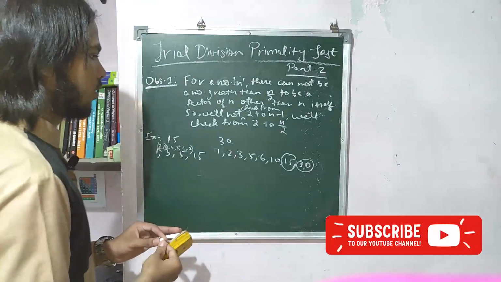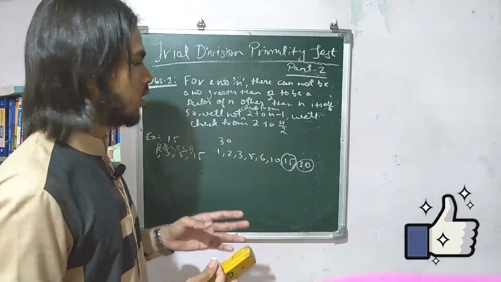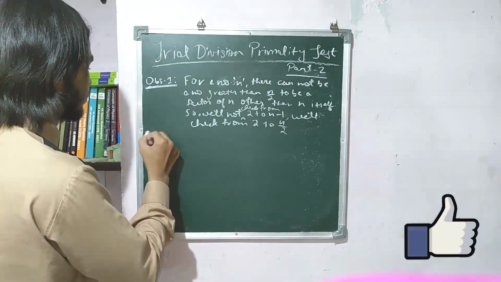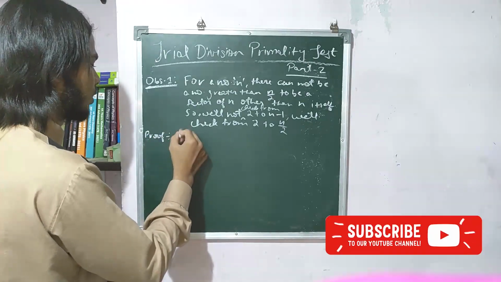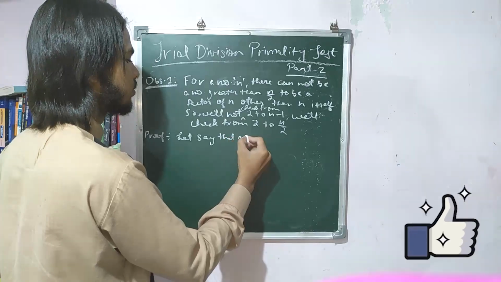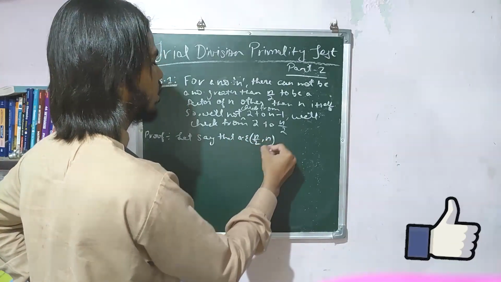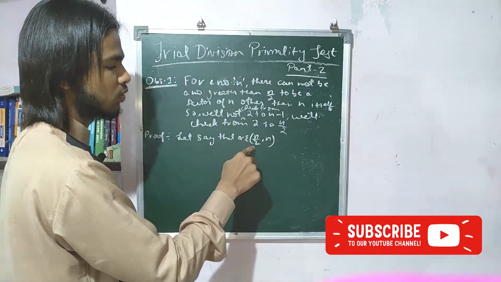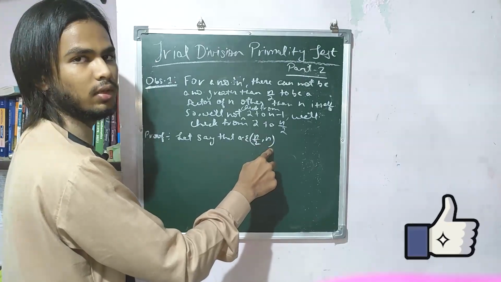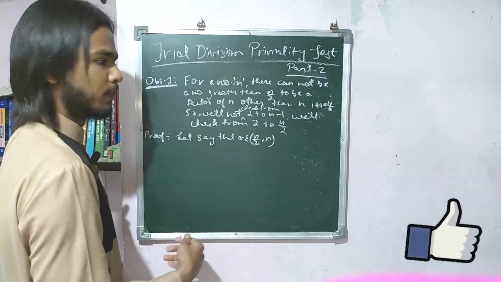Now if you are not interested in the proof, skip this. And if you are interested in the proof, let me show you. Proof: let's say that alpha, which belongs to n by 2 up till n, both excluded, is a factor of n. We are not counting n by 2 and we are also not counting n; we are counting the numbers between them.